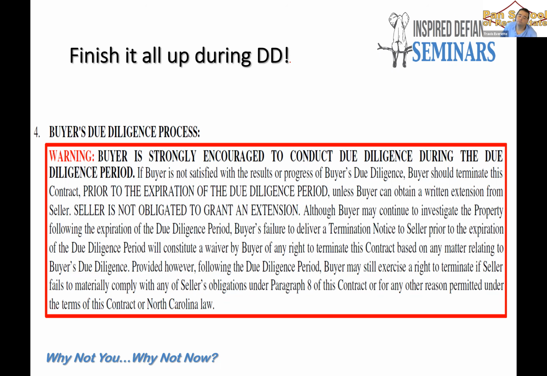Can that same inspection be used, or is it best as a buyer to just have your own done? It can be if the first buyer wants to release it to the new buyer, but there's not always that level of coordination between them. Because I paid for it, I don't want to just give it away. It's your report, exactly.